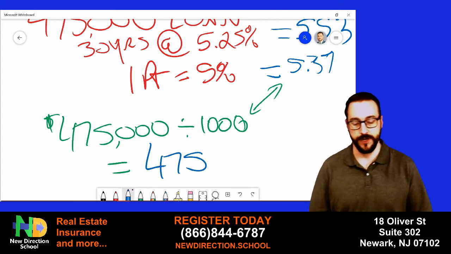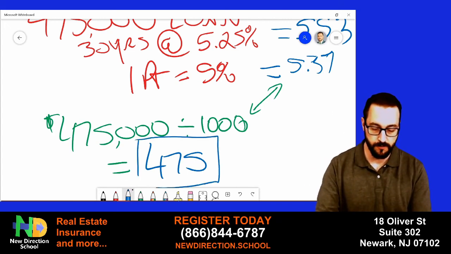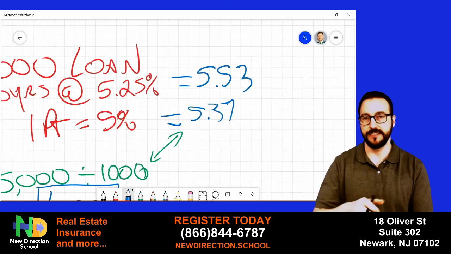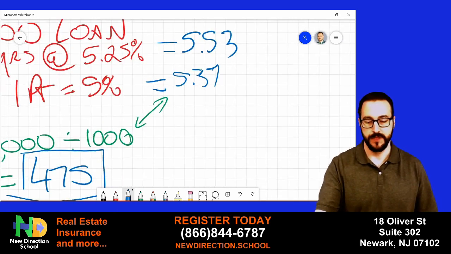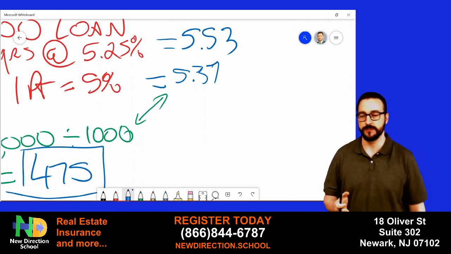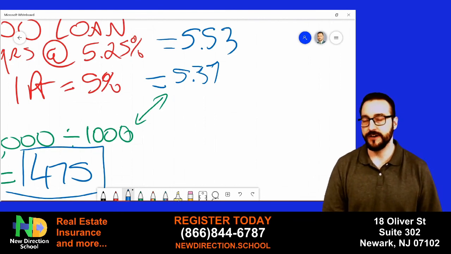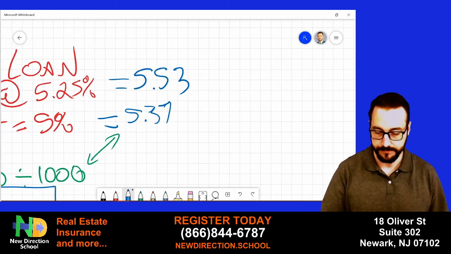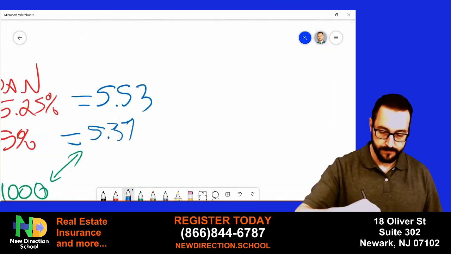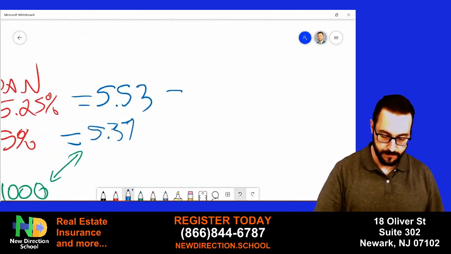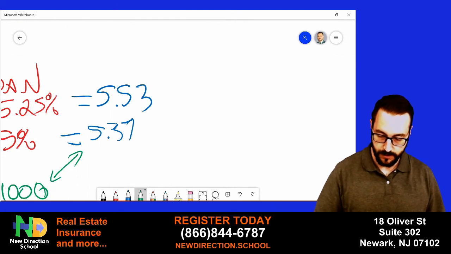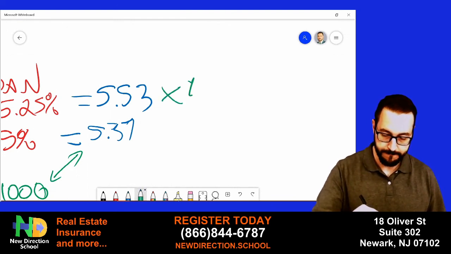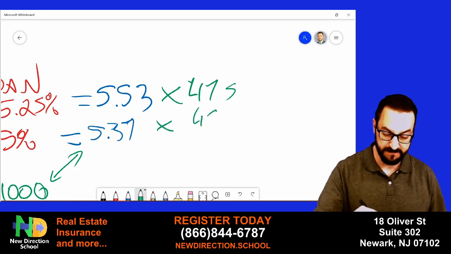This is the number we're going to use to multiply by these two numbers to figure out the monthly payment. So we are going to multiply this one by 475 and this one by 475.